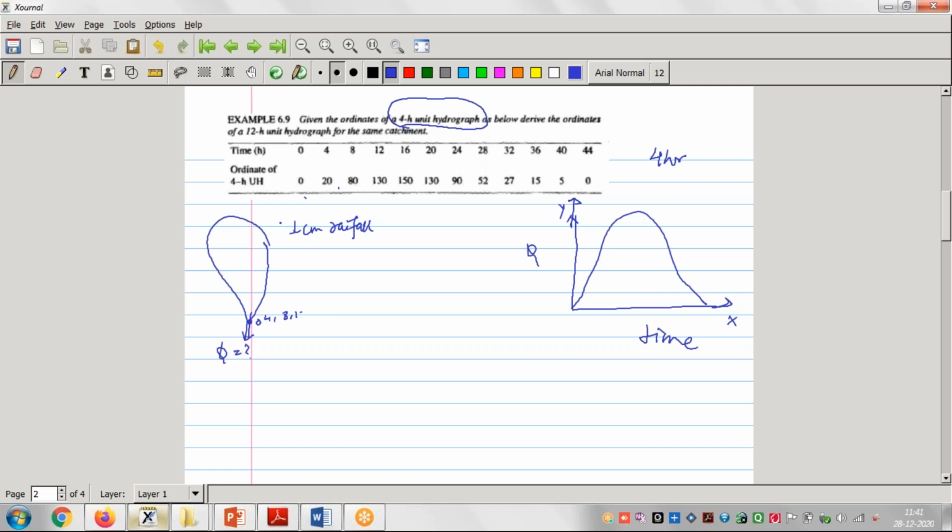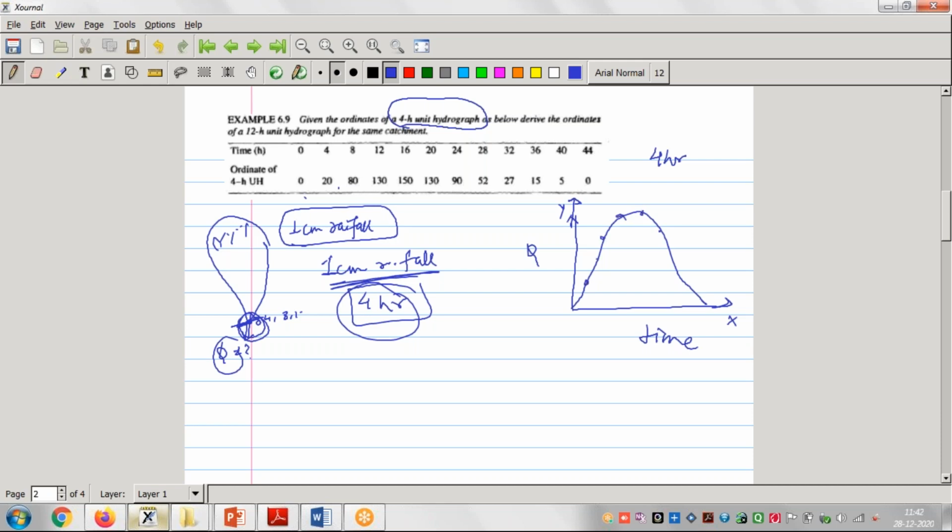that for 4 hours continuously, over the catchment, 1 centimeter rainfall occurred, right? 1 centimeter rainfall occurred over the catchment, and this 1 centimeter rainfall occurred for 4 hours. So after 4 hours, this is stopped and the discharge is collected at the outlet of the catchment, and we draw it here somewhere like this.